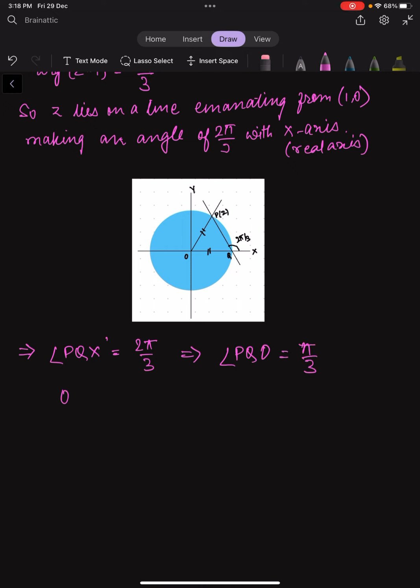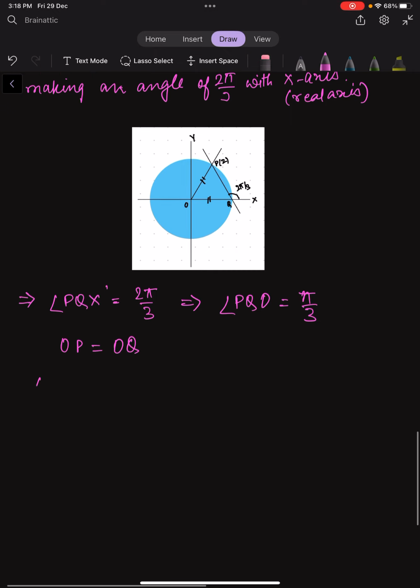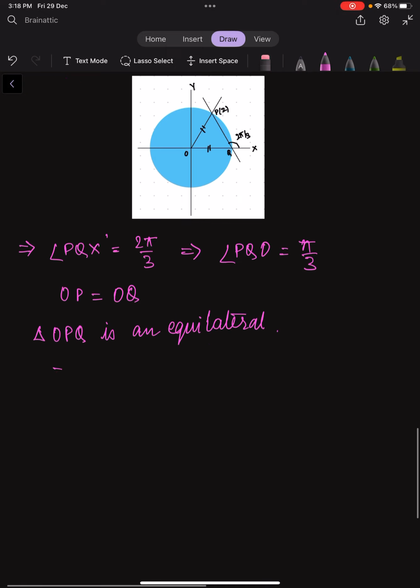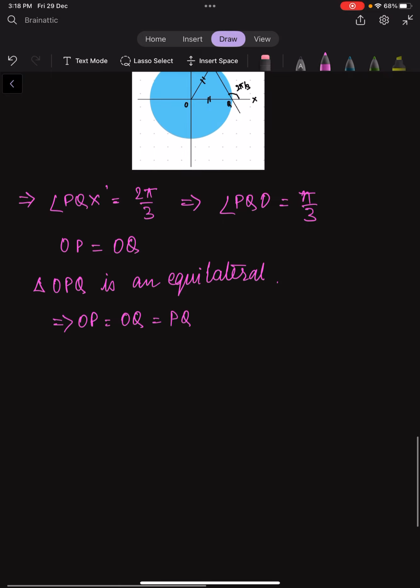We see that both are radius of the circle, so OP is equal to OQ. So triangle OPQ is an equilateral triangle. Therefore, OP is equal to OQ is equal to PQ. So the amplitude of Z is equal to amplitude of (Z minus 1) is equal to 1.